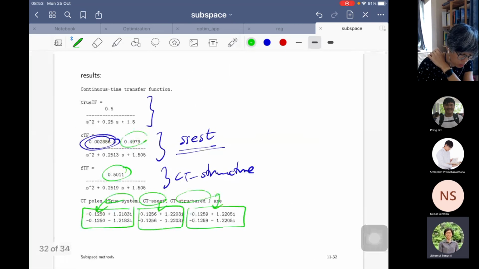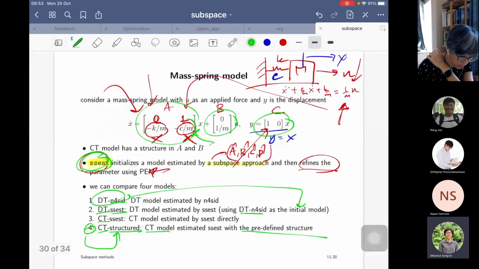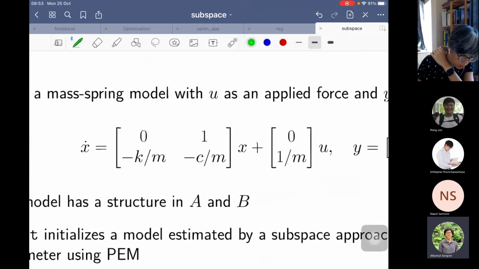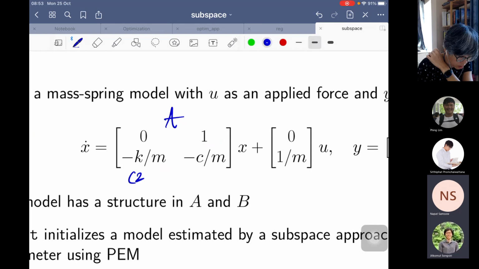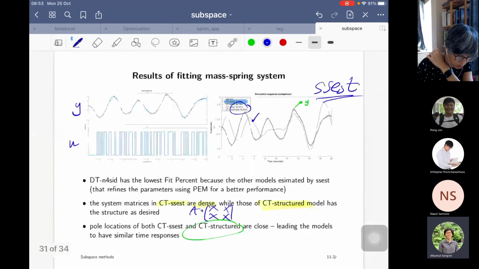If you take a look here, in A, which ones are free parameters? Napat, which entries? The second row, right? So it is position 1 and position 2.